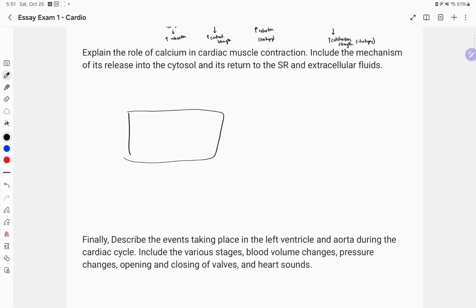So if we have our cardiac cell, essentially we have our sarcoplasmic reticulum, right?